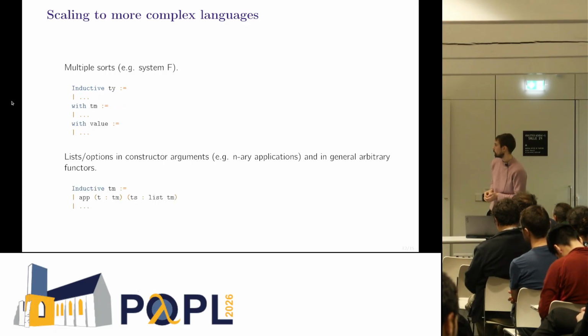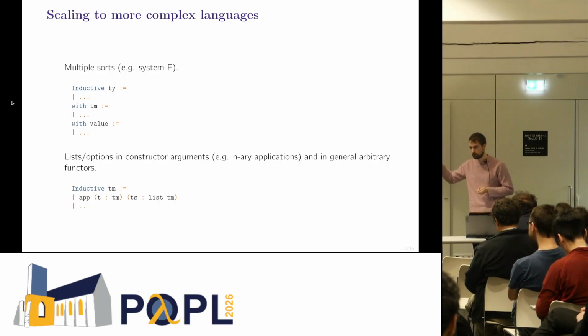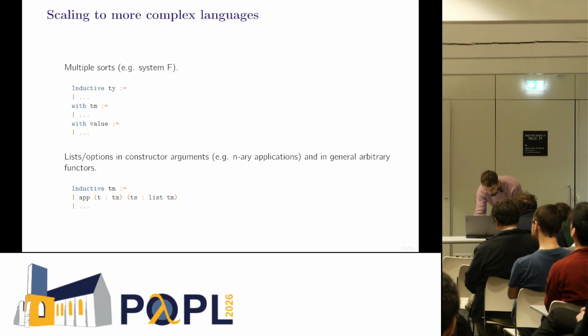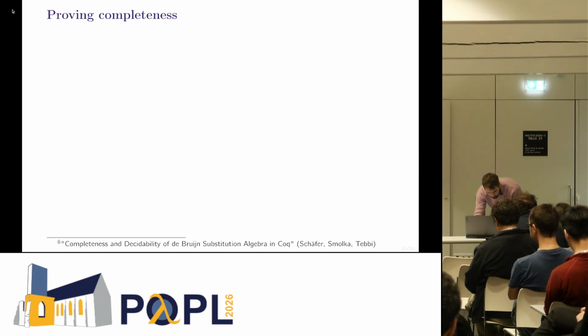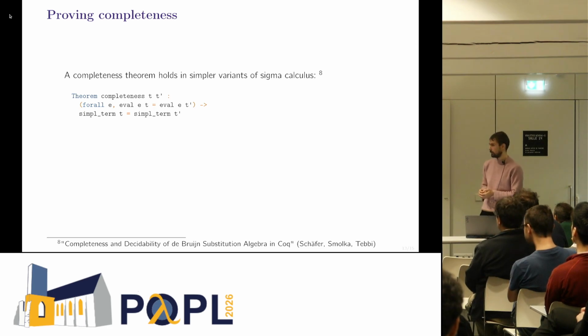Another feature we'd like to support is having array applications and, in general, arbitrary functors in the term syntax. And then the last direction for future work, more on the theoretical side, is that we would like to have a completeness theorem.